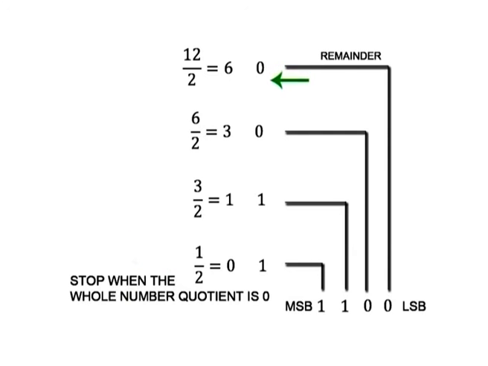The remainders generated by each division form the binary number. The first remainder to be produced is the LSB, or least significant bit, in the binary number, and the last remainder to be produced is the MSB, or most significant bit.